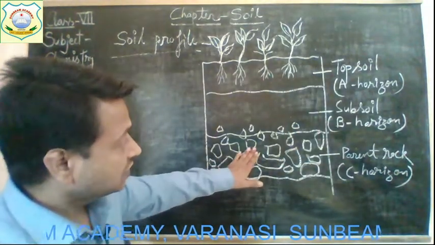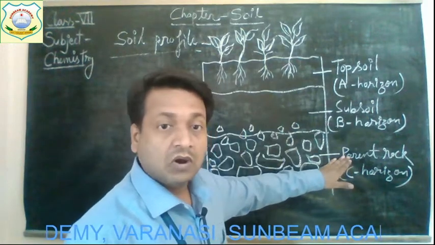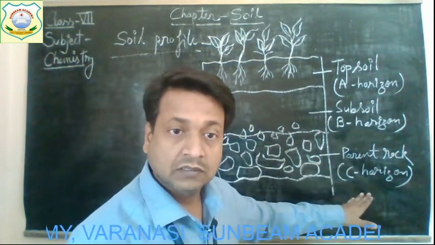So this one is the third layer of the soil, which is known as parent rock or C horizon.